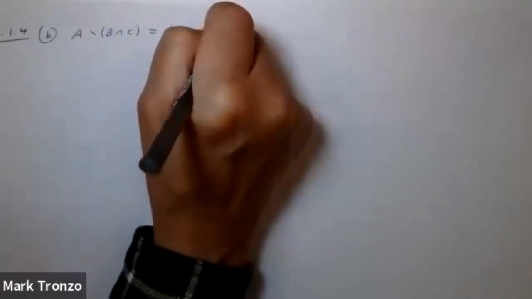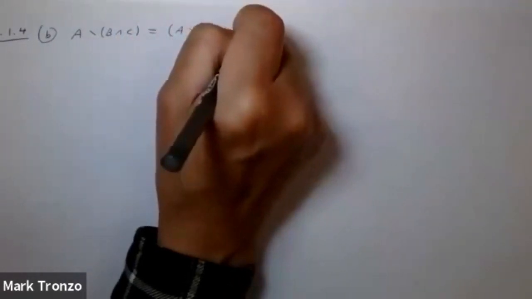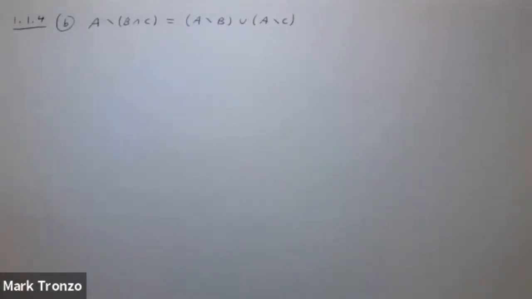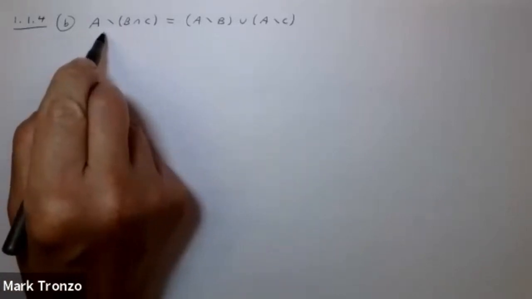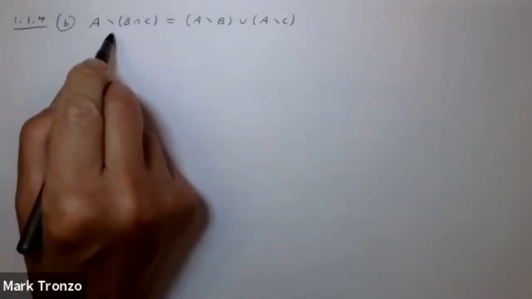This was part B. It had A complement B intersection C equals A complement B union A complement C, like this. So let's take a look at that. Like I say, the book didn't prove this part at all. So once again, we'll take something on the, let's see.